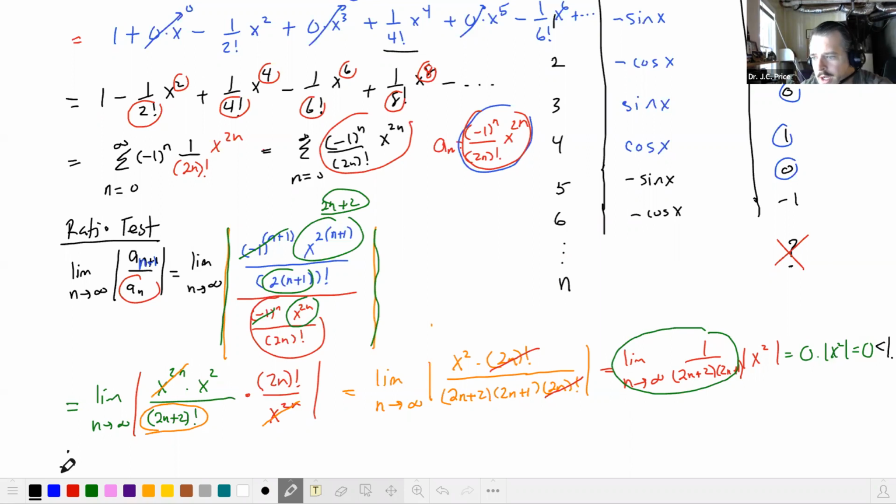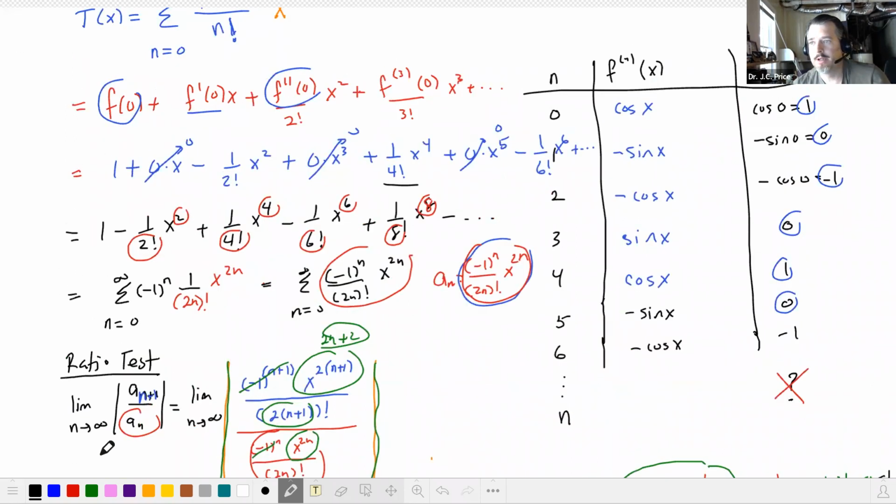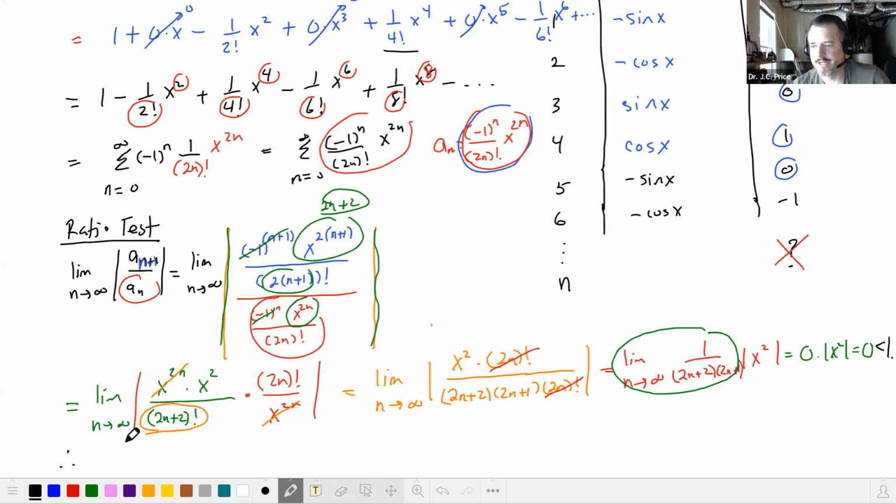So therefore, how do we want to write this? Did I give this a name up here? T of x, yep. So therefore, let's write T of x. So therefore, T of x converges for all x, which implies r is equal to infinity by the ratio test.